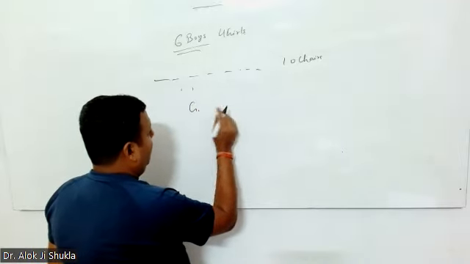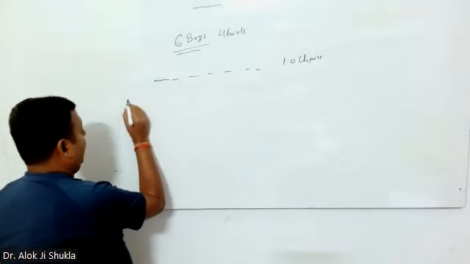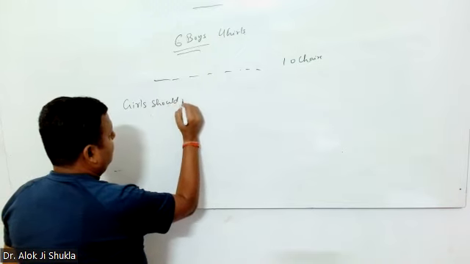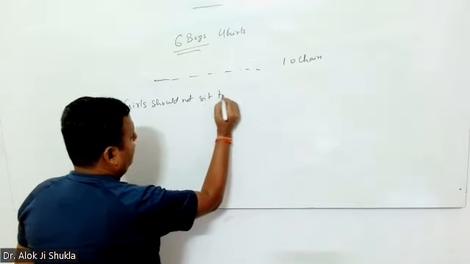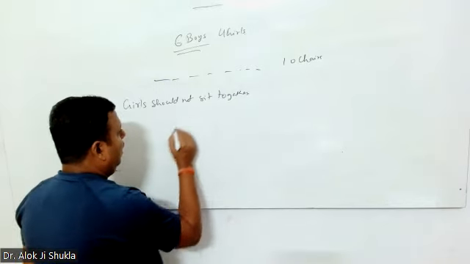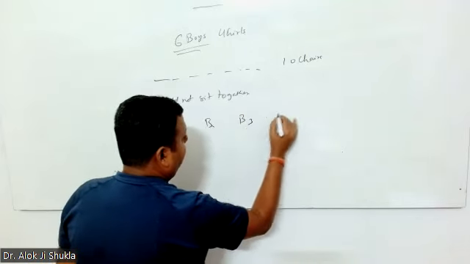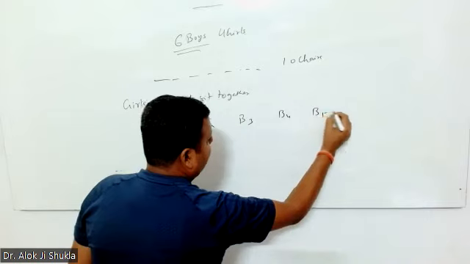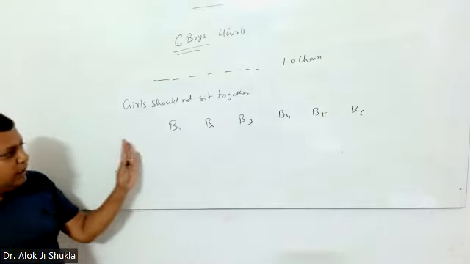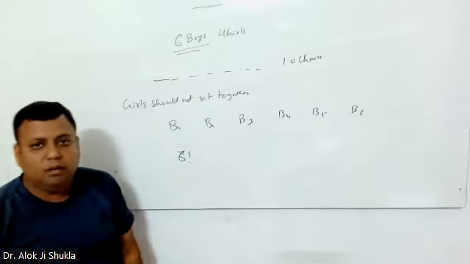First, I will place these 6 boys. So I can place these 6 boys in 6 factorial ways.